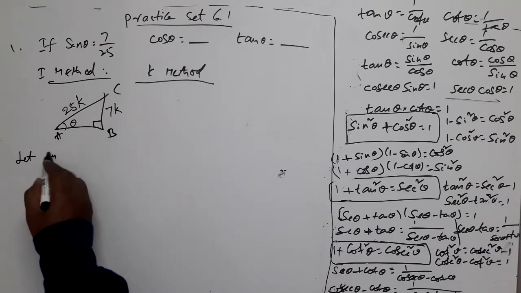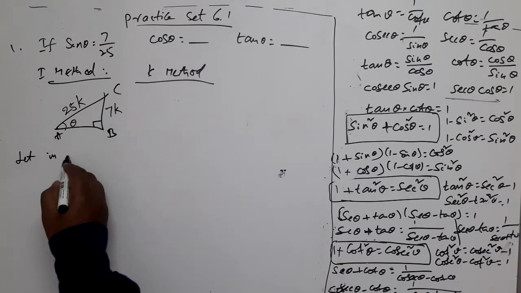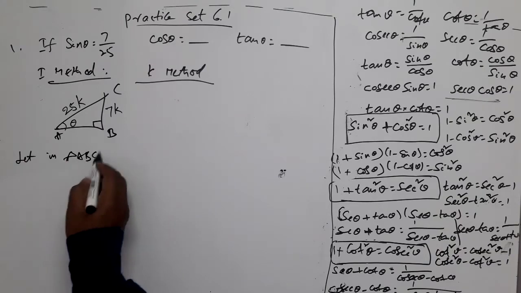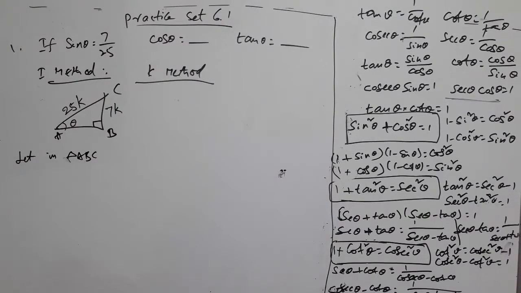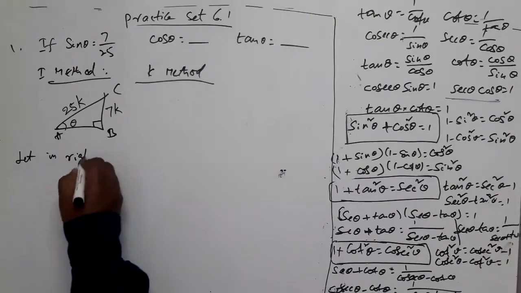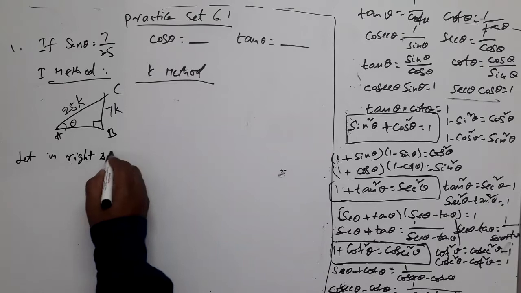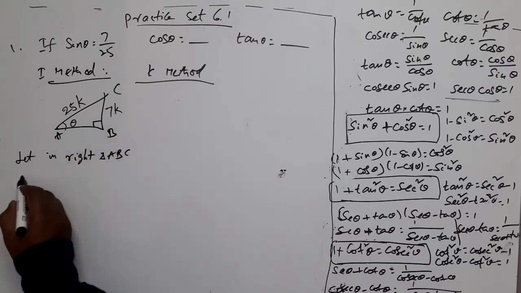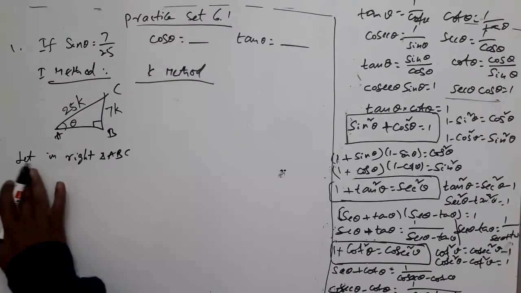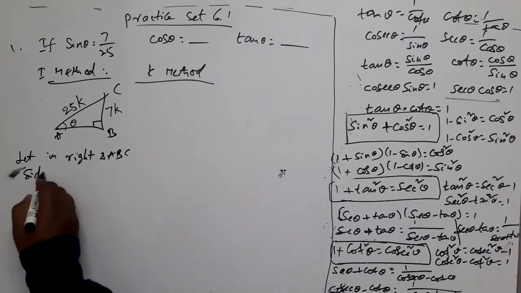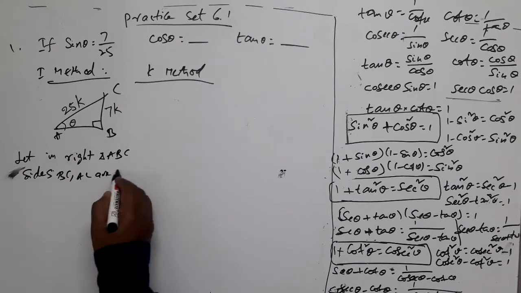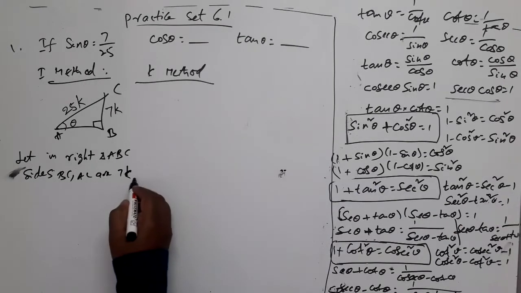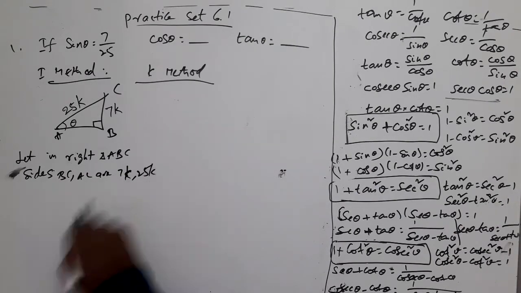Let in triangle ABC, right triangle, right? Triangle ABC, sides BC and AC are 7k and 25k, right?